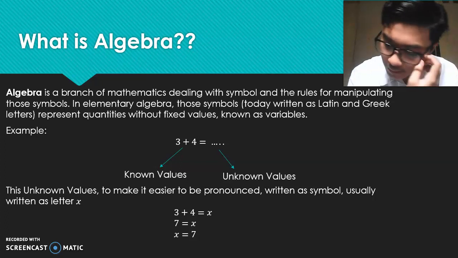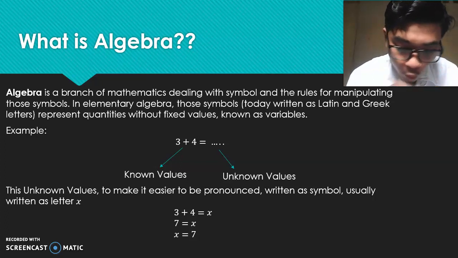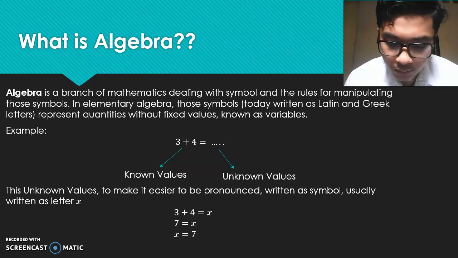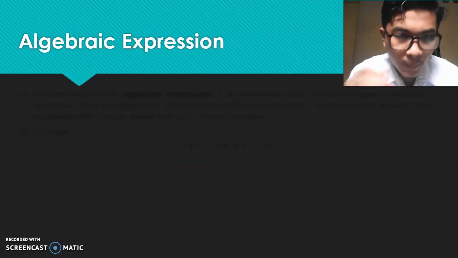So this is algebra. We can pronounce what we don't know, and we can find the unknown values. That's the purpose of algebra: you need to find the unknown values like x.